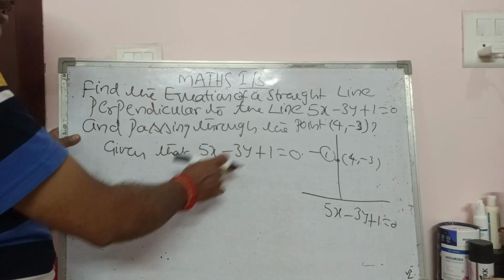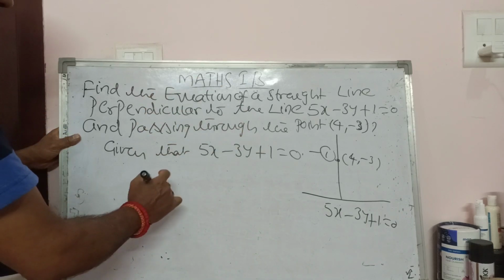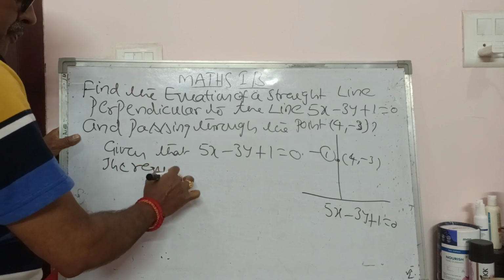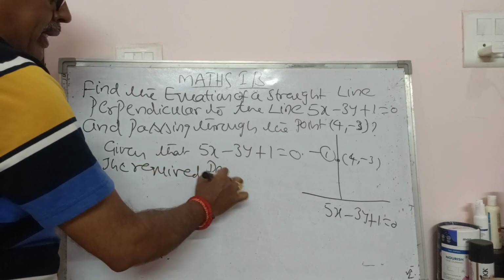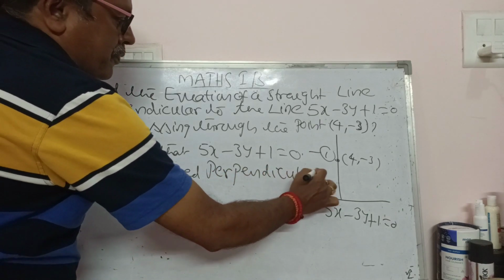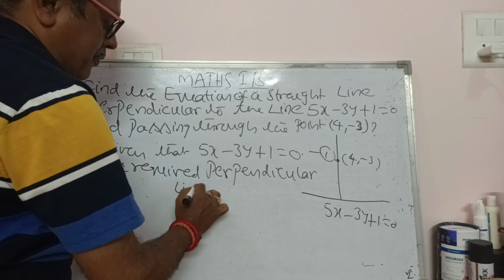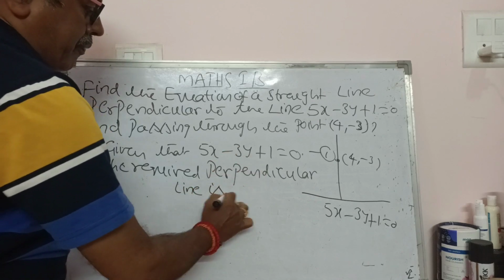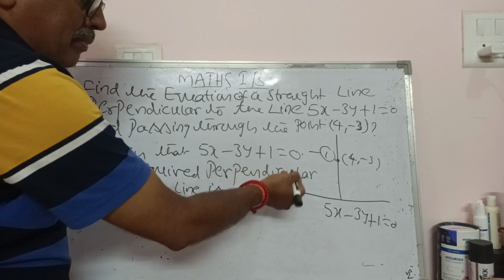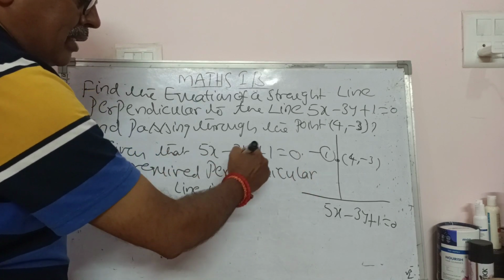If the product of slopes is minus 1, then the lines are perpendicular. Therefore, the required perpendicular line is such that the product of slopes is minus 1, m1 into m2 is minus 1. The given lines are said to be perpendicular.